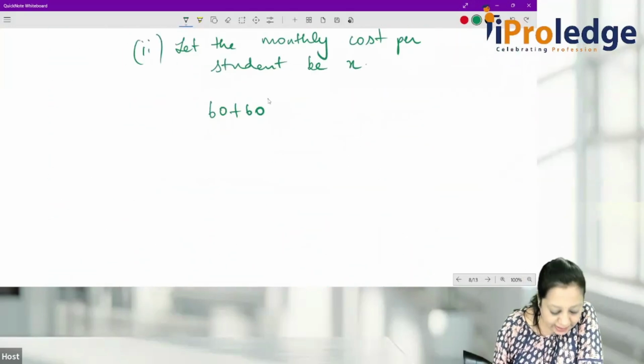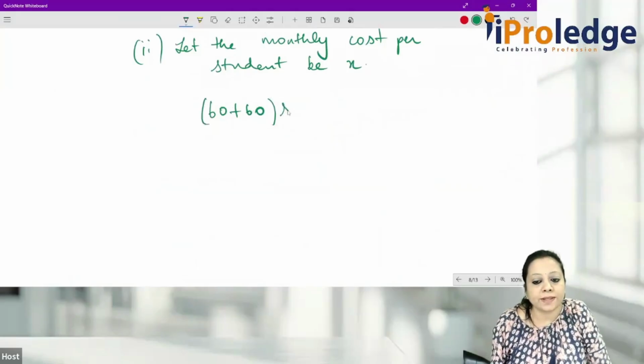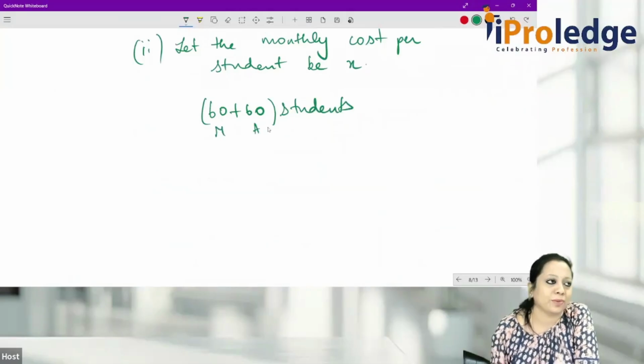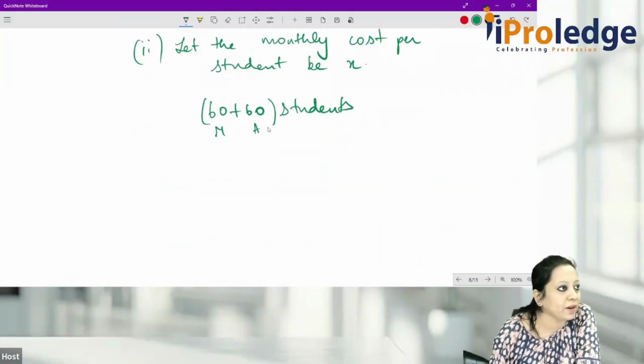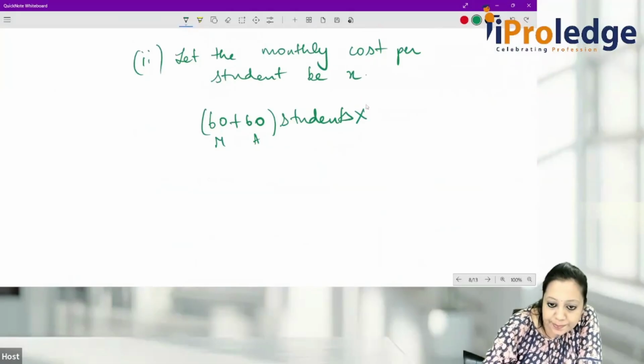So 60 plus 60 is the number of students. This is morning and afternoon, whatever shift. Yes, morning and evening or whatever it is. That into how much percentage can you all see?